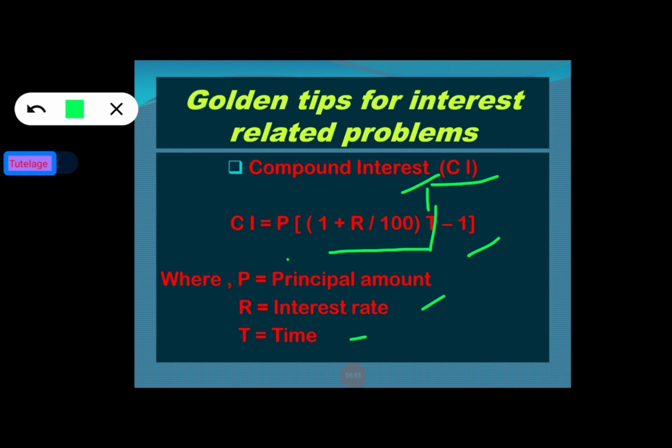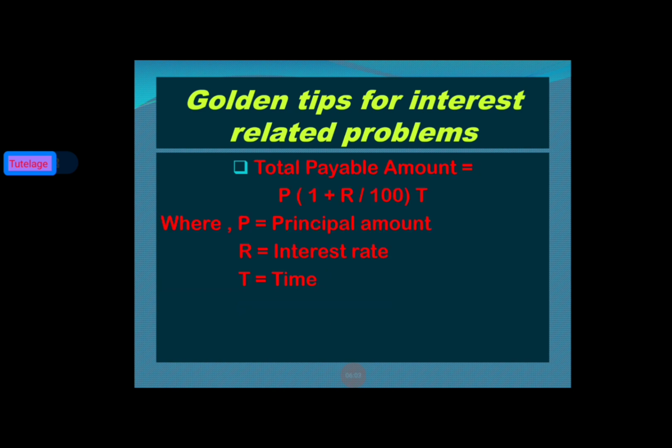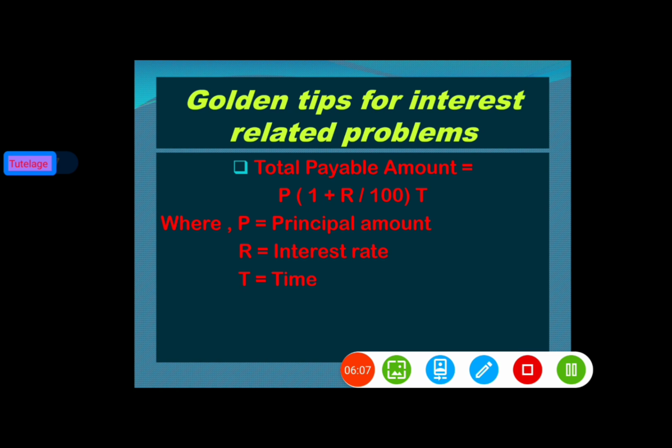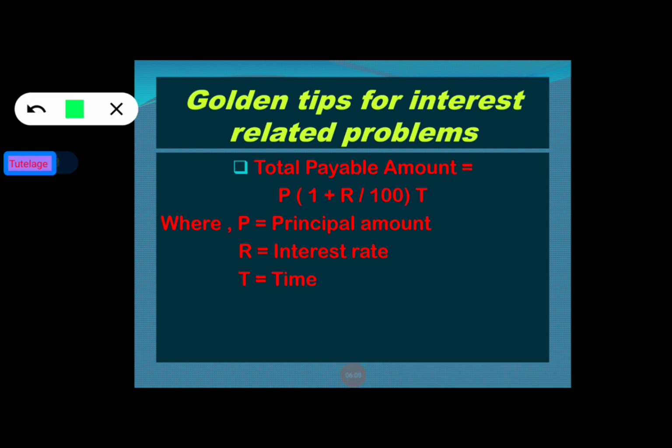Now going to the next tip. Here we can see another important formula, that is the total payable amount. What is the formula of total payable amount? That is P into (1 plus R by 100). I think this formula will be very clear when we use it in the example problems.